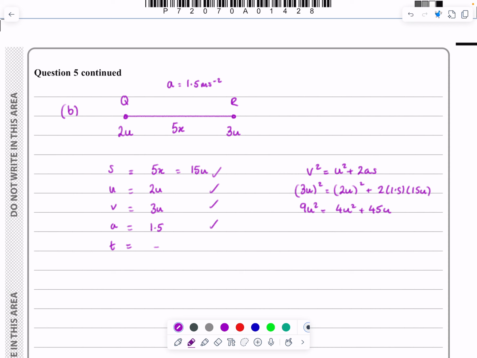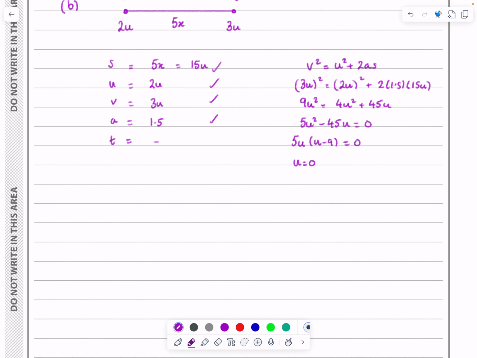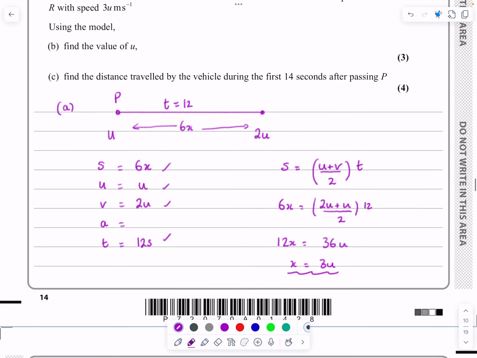So I'm going to get 5u squared, if I put it as a quadratic, minus 45u is equal to 0, which gives me 5u out, u minus 9 equals 0. So I either get u equals 0, which can't be a possibility, or u equals 9 meters per second. Obviously, u can't be equal to 0. Nothing would be happening. So yeah, that's part B done as well.